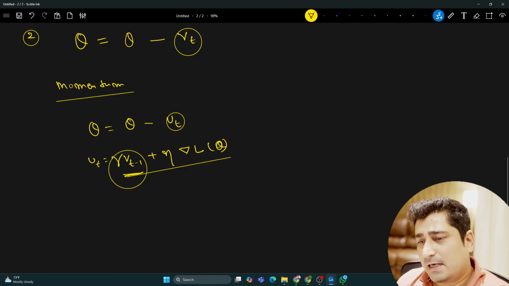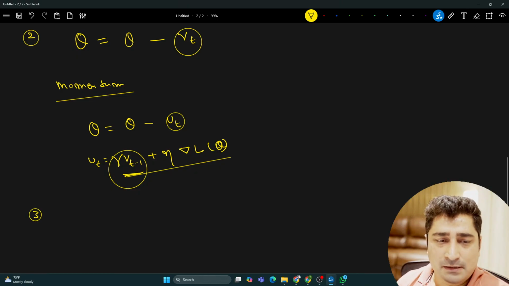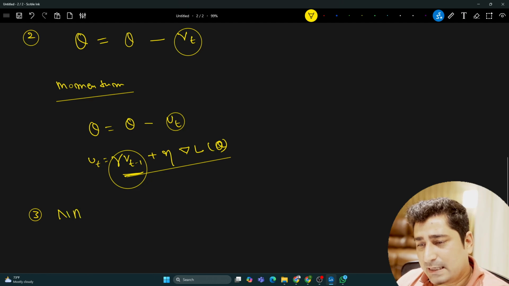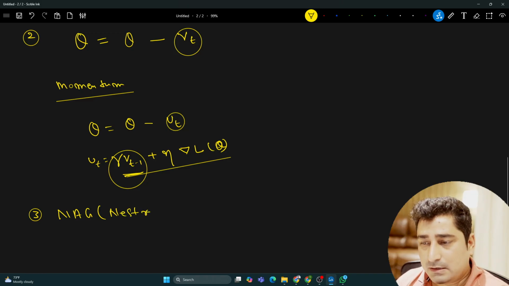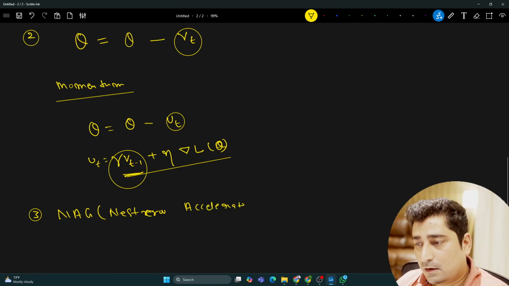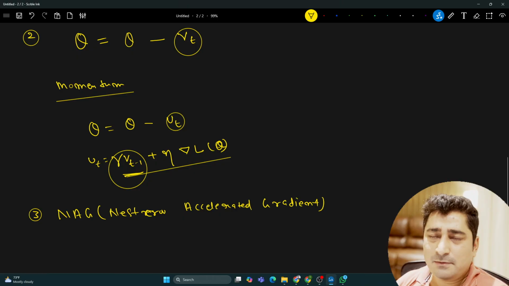So keeping that in mind, the third equation that we are going to talk about is called NAG. It's called Nesterov accelerated gradient. Now the objective is the same, right?